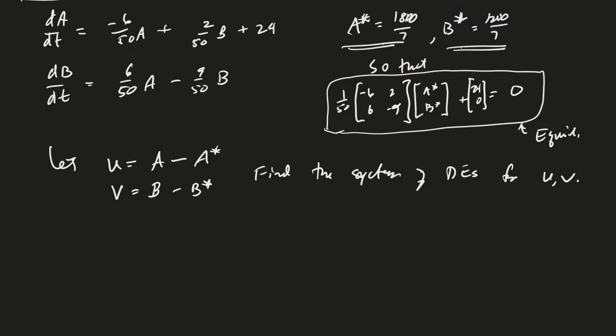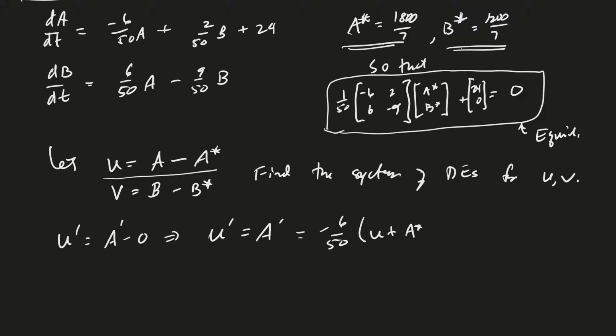Well, first of all, we see that u dot, or u prime, we'll just use a prime, is equal to a prime minus 0. So therefore, u prime is just equal to a prime. And a prime I can go ahead and write down as minus 6 over 50, and in place of a now I'm going to write down my substitution there, that's u plus a star.